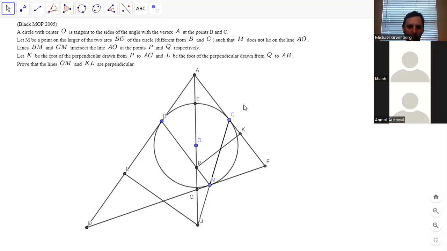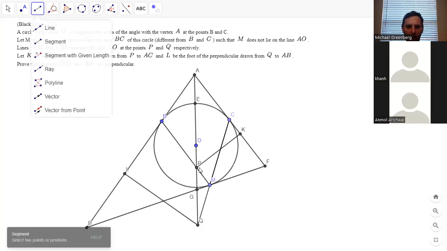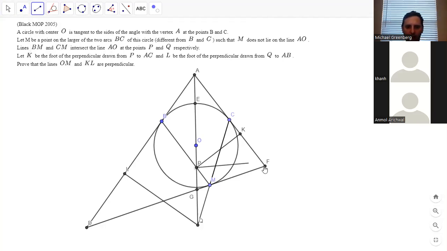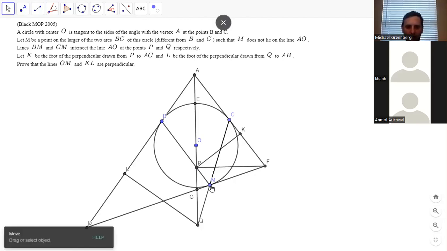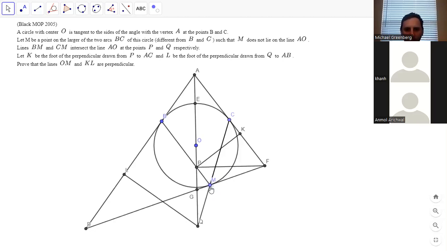So basically, I think we want to show that AD over AF is AQ over AP. Is that right? And I wonder if this is a right angle right here. It looks like it. If it is, that would solve the problem. Which angle you say?